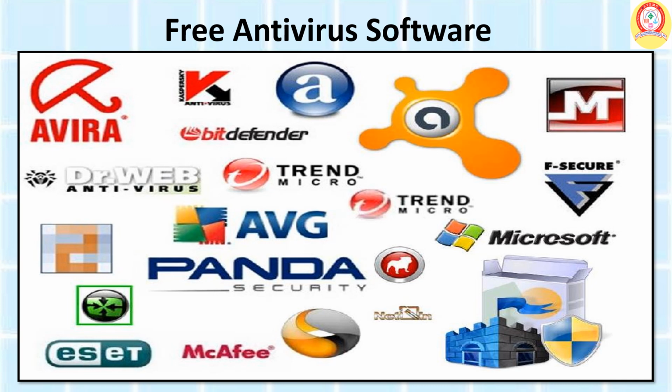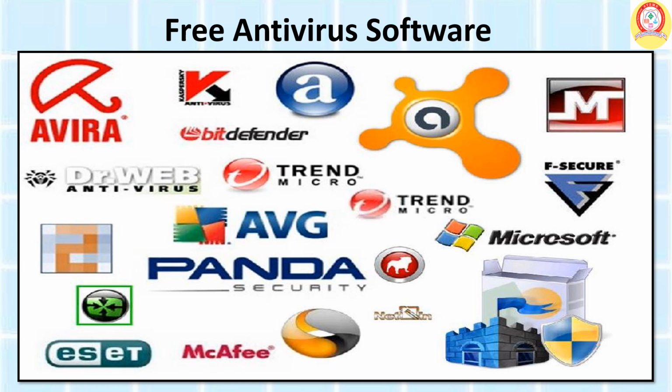You can use it to protect your computer against viruses, spyware, and other malicious programs. It is easy to install and use, and it runs efficiently in the background. Updates happen automatically. This is how free antivirus software works.